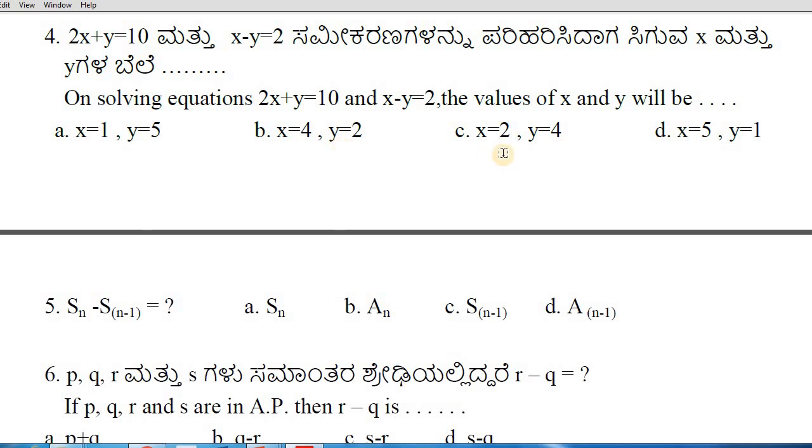Option C, x equals 2, y equals 4. Option D, x equals 5, y equals 1. Children, this you have to solve by elimination method, or else you can check by substituting values, by the trial and error method also. But here the correct answer is option B.